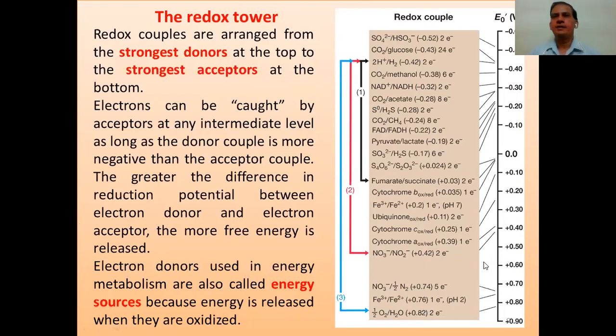So there's a huge difference in energy. It means that when this particular reaction is done, the most free energy will be released. So electron donors used in energy metabolism are also a source of energy. Ultimately, this difference in the reduction potential serves as a source of energy.